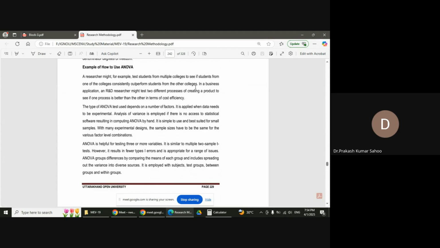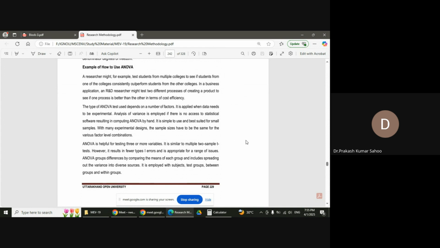So we have two colleges, or in a business application, R&D, the research and development activity, and here we are comparing which process is better with respect to the economic point of view.